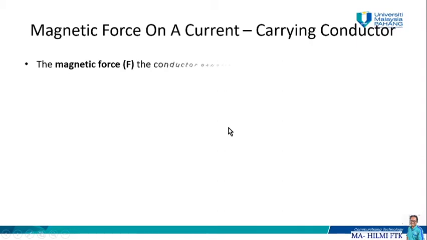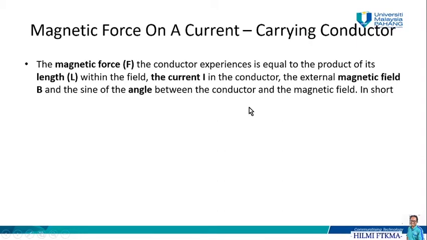Next, the magnetic force on a current carrying conductor. The magnetic force is equal to the product of its length within the magnetic field, the current I in the conductor, the external magnetic field B, and the sine of the angle between the conductor and the magnetic field.